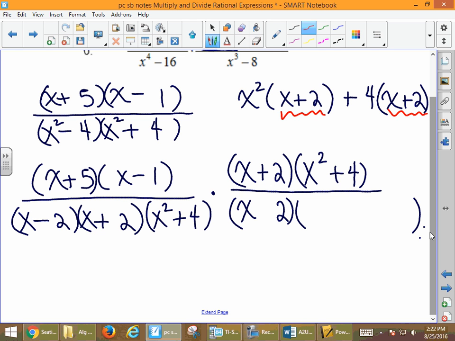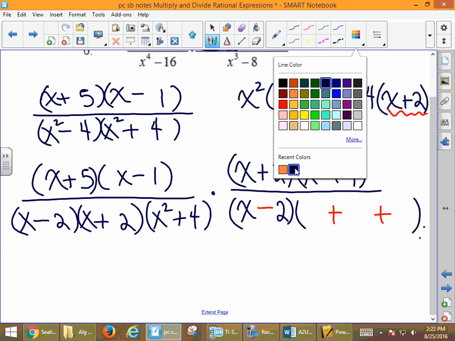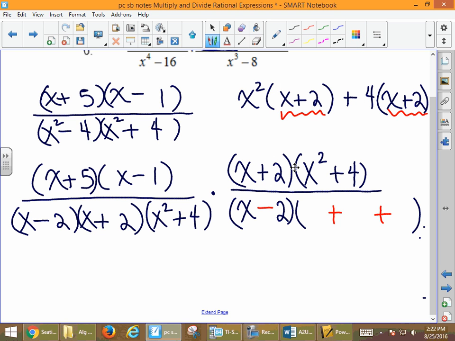Same sign, opposite signs, always positive. And x cubed divided by x is x squared. 8 divided by 2 is 4. Remember, we already have the signs in there. x times 2 is 2x.